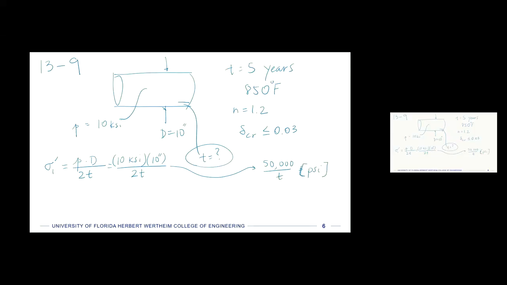So it's 10,000 times 10 divided by 2, 50,000. The longitudinal stress, or the axial stress along this pressure vessel, is half of the hoop stress. So it's just P times D divided by 4T, or half of the value that we already calculated. So it's 25,000 divided by T.